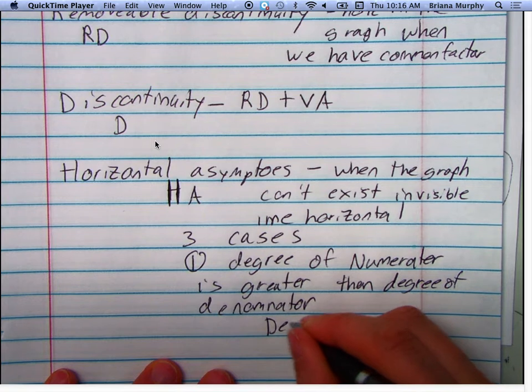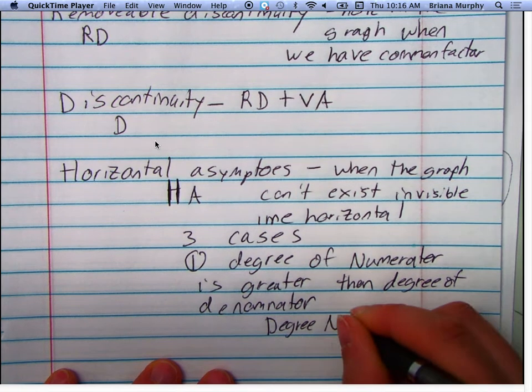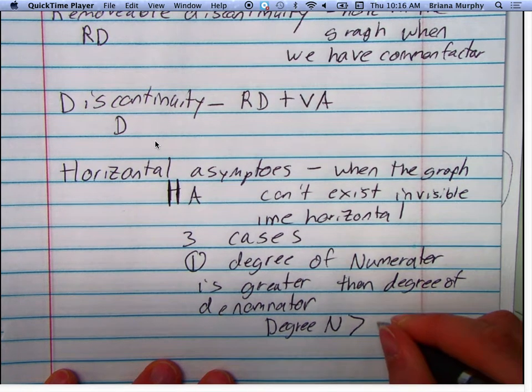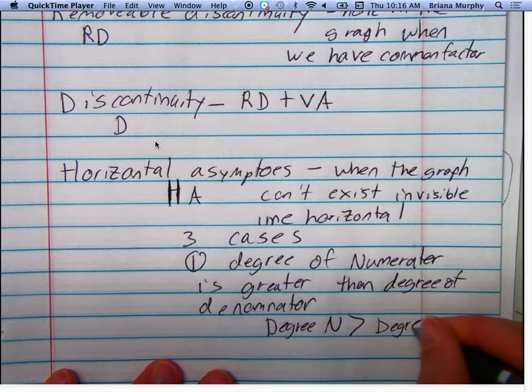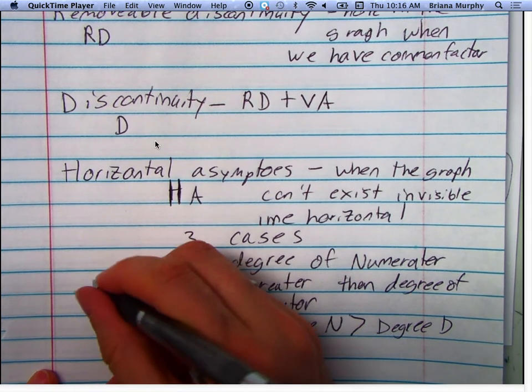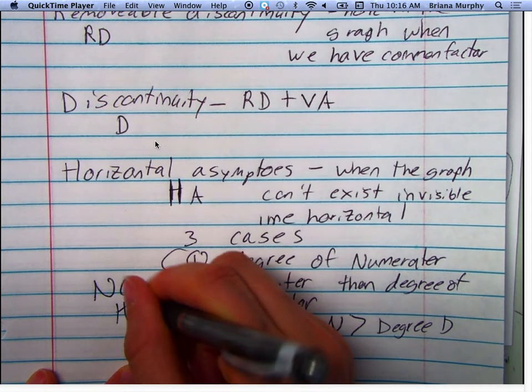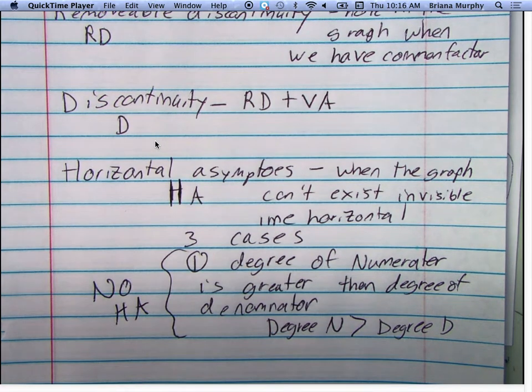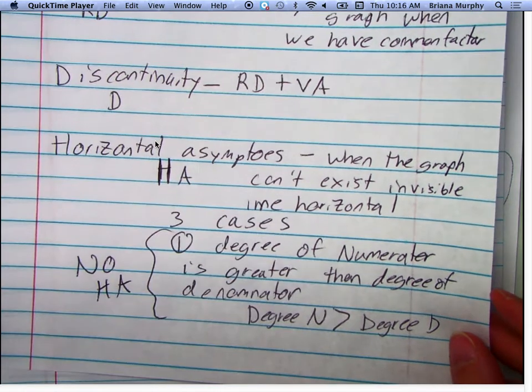So I put degree, numerator, greater than degree, denominator, then there is no horizontal asymptote. Okay, remember there's 2 more cases. I'm going to move it up, but I'm not going to get rid of it.